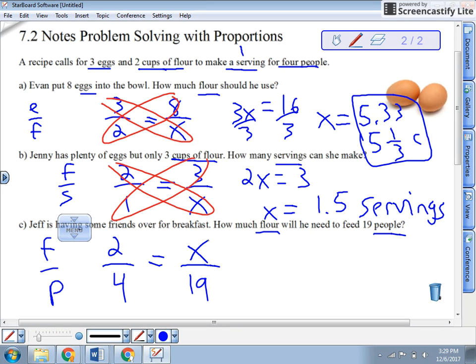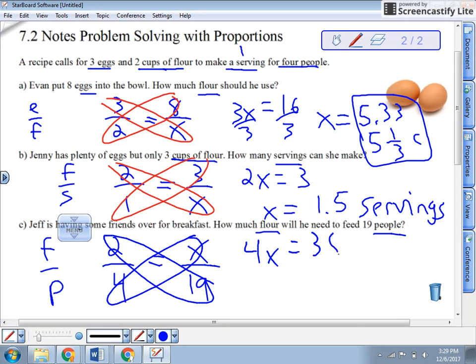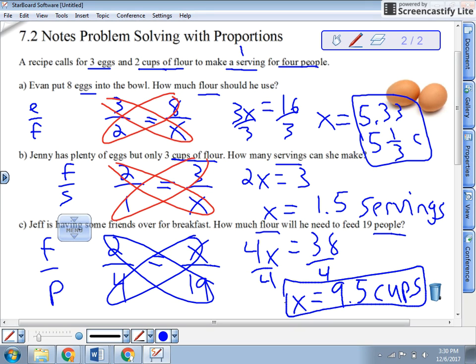Cross multiply to solve. 4 times x is 4x, and 19 times 2 is 38. I divide each side by 4, and x equals 9.5 cups of flour. And there you have it. That is our lesson on proportions. Remember, setting up the problem is the key.